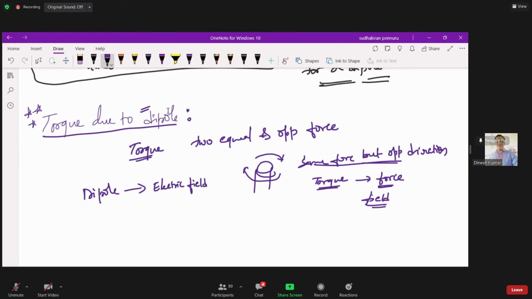Because of this electric field, there will be a force on this dipole. Because of that force, it is going to experience a torque, and we have to obtain the equation for the torque. Now we are going to see how we obtain it. So for that, we are going to take a dipole.